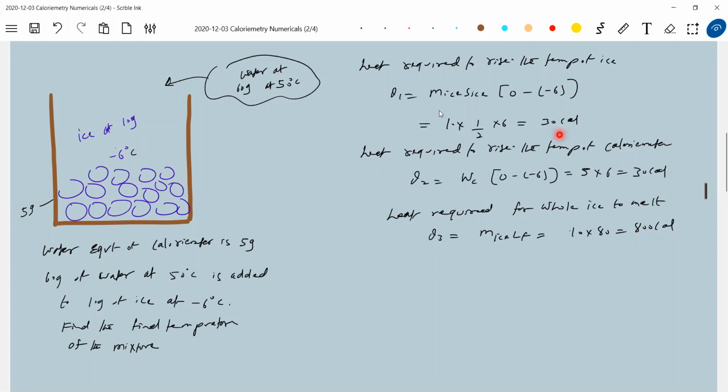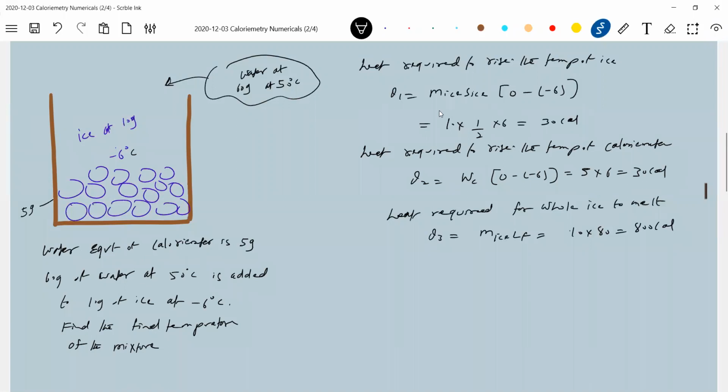So the final temperature, can it be less than 0, equal to 0, or more than 0? More than 0, sir. Because 3000 calories are available and it needs just 860 calories. So the final temperature of the contents of the calorimeter will be more than 0.